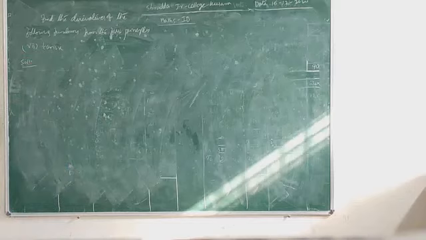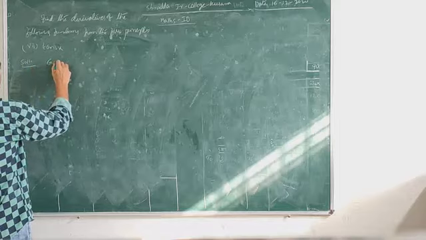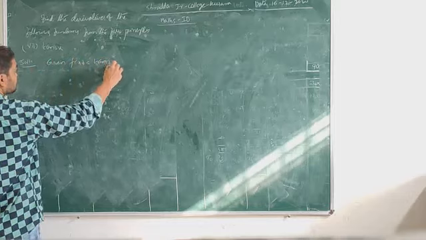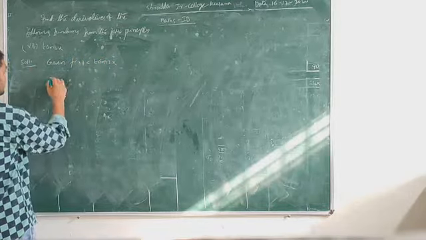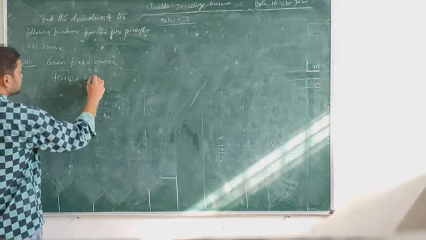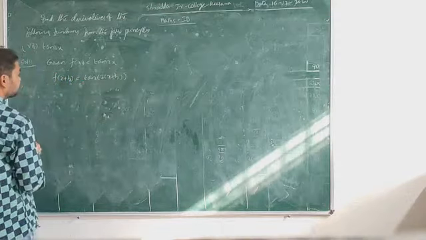See here, what is given: f of x equals tan 2x. Now what is f of x plus h? It equals tan 2 into x plus h.